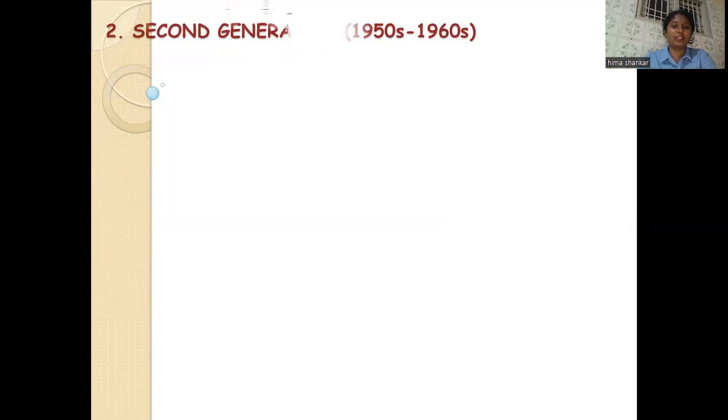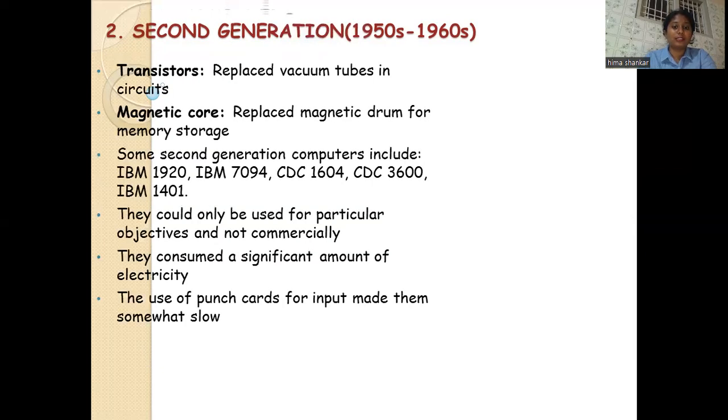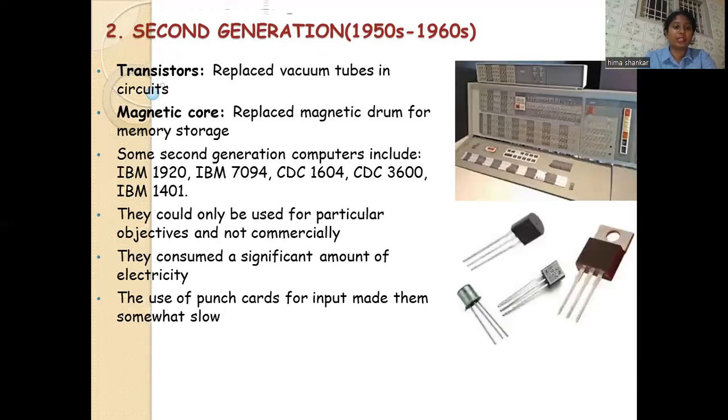Next comes the second generation. Second generation was between 1950s to 1960s. Transistors replaced the vacuum tubes in the circuits. Magnetic core replaced magnetic drum for memory storage.